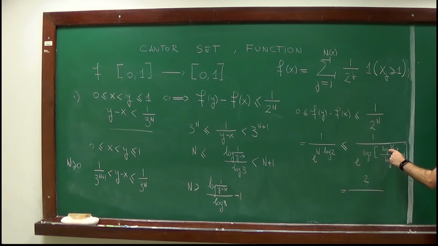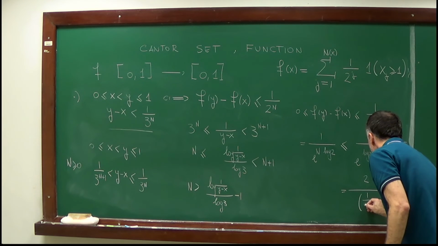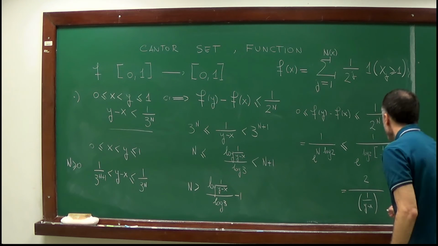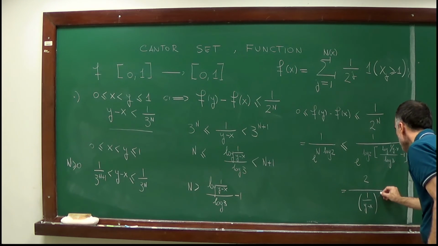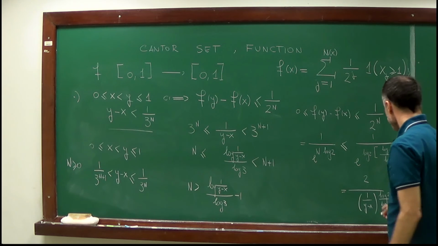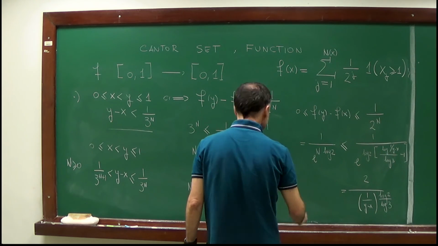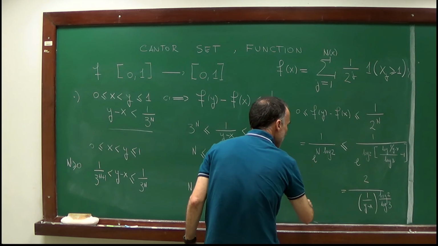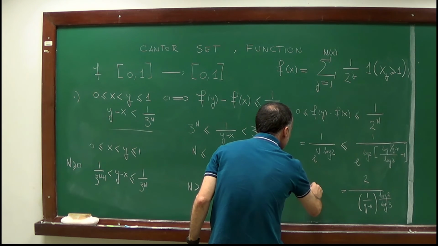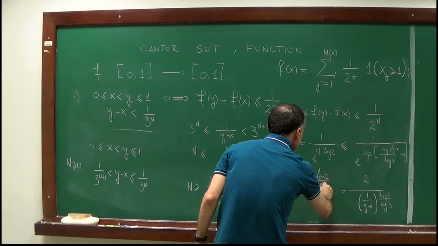The logarithm will cancel with the exponential, and what will remain? It's 1 over y minus x to the power log 2 over log 3. And so, this is equal to 2 times y minus x to the power log 2 divided by log 3.